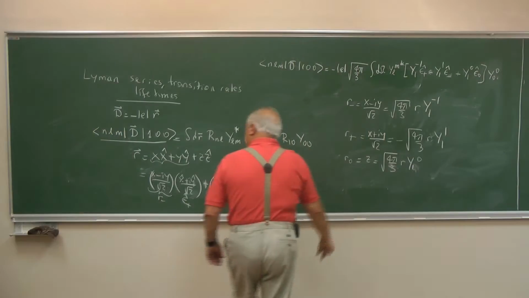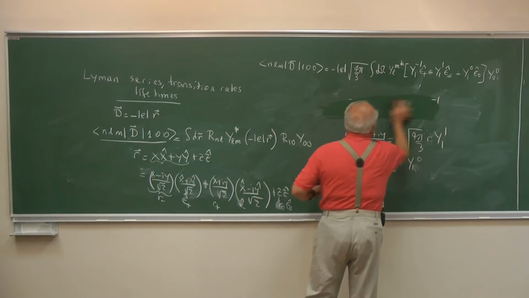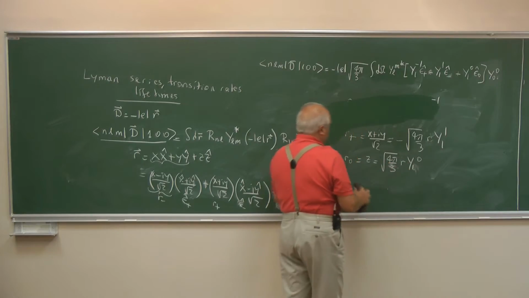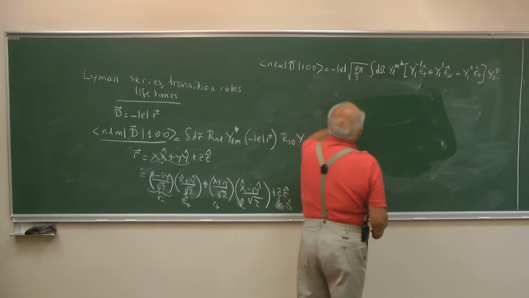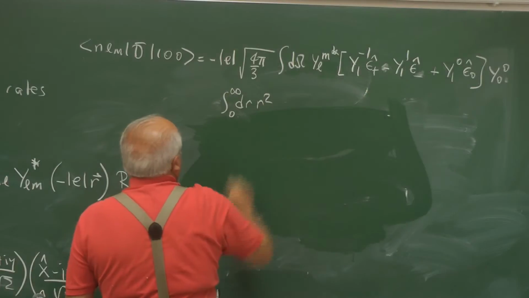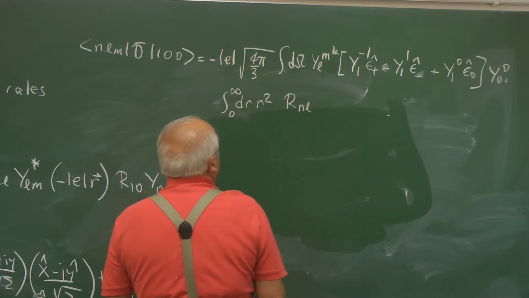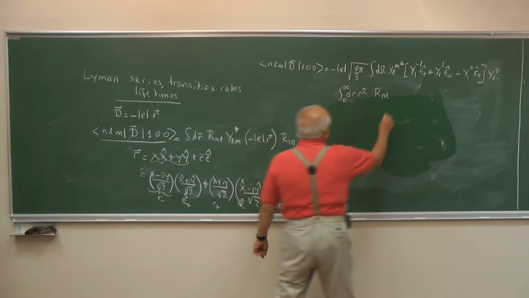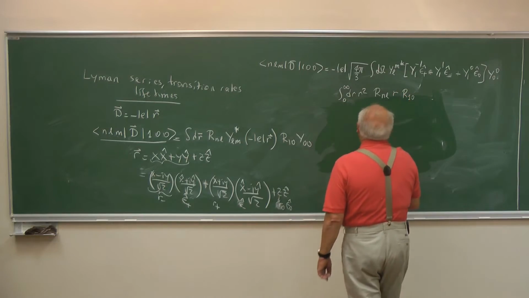I use them so I can erase this part quickly. z is y1 0. Okay, it's cosine theta. It's r cosine theta. I'm erasing. Now the radial integral from 0 to infinity dr r squared. Then I have R n l. Then I have the r coming from the dipole operator, R 1 0 equals.